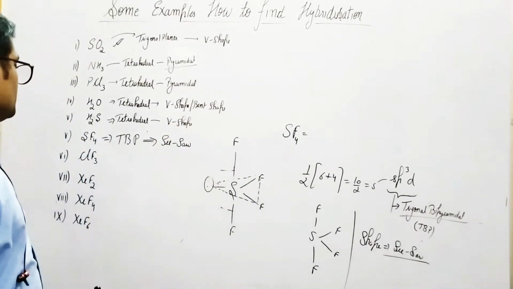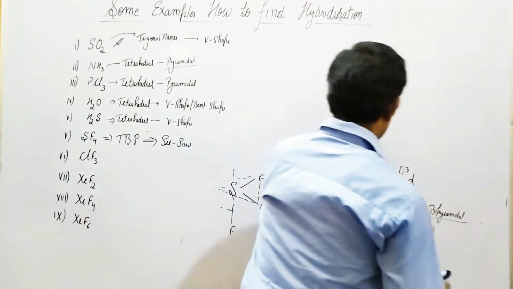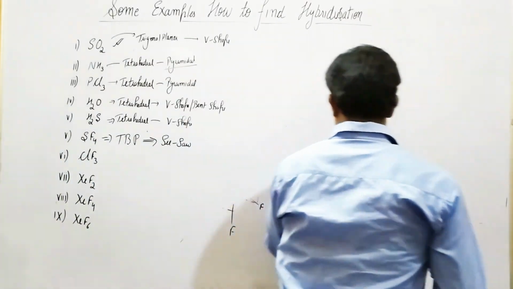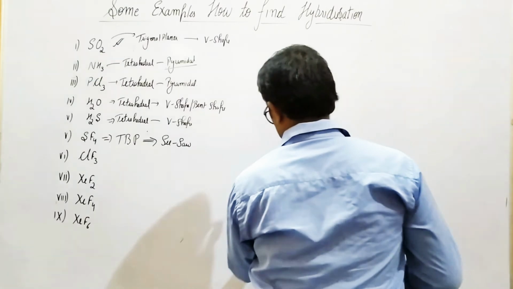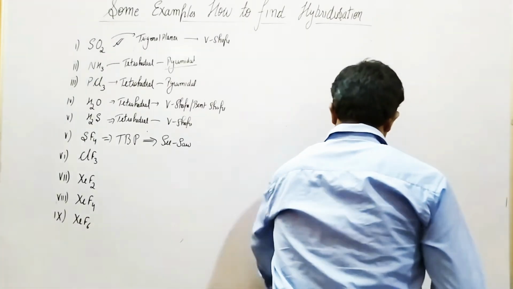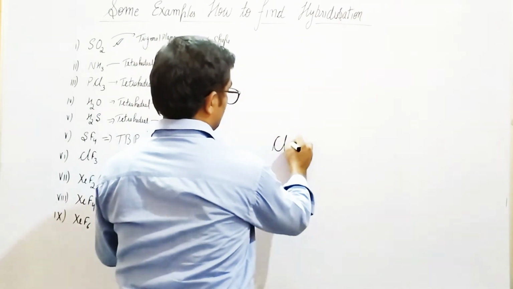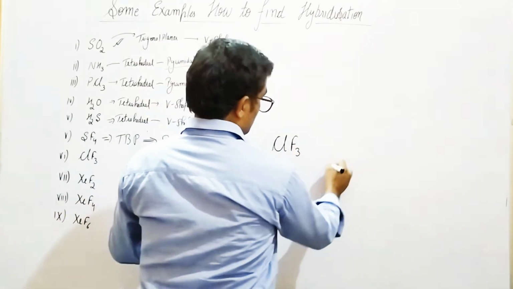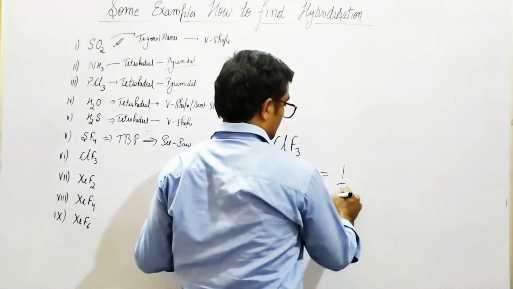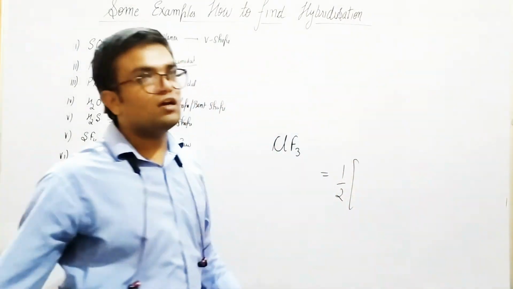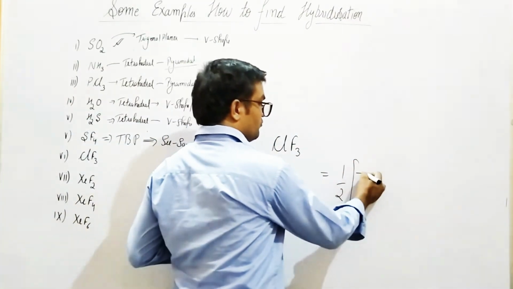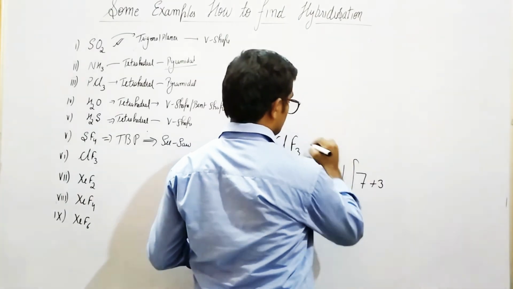Now let's check ClF3. The central atom is chlorine, and we know all the halogen atoms have 7 valence electrons. Therefore, in ClF3, half of the valence electrons of chlorine are 7, with 3 monovalent atoms that are fluorine.